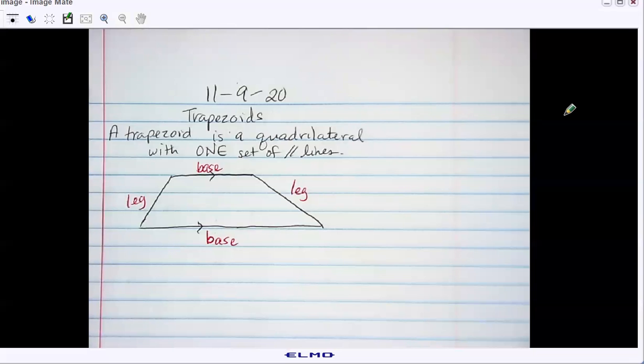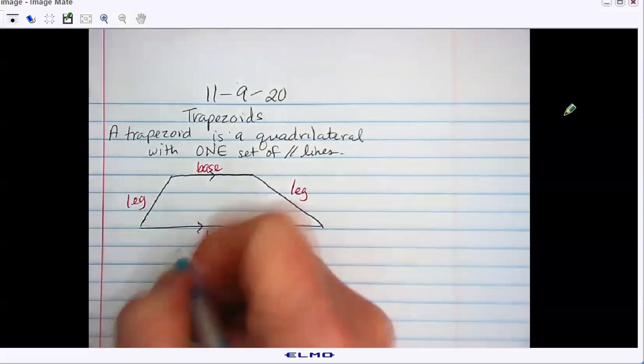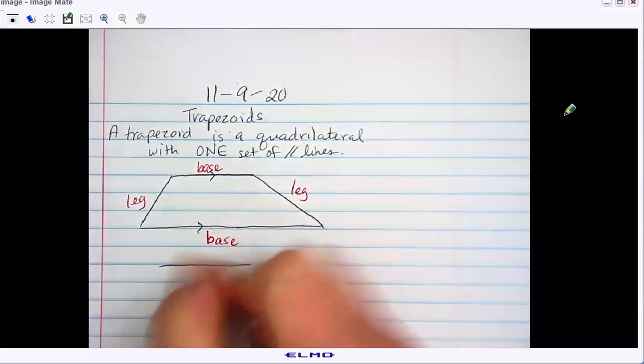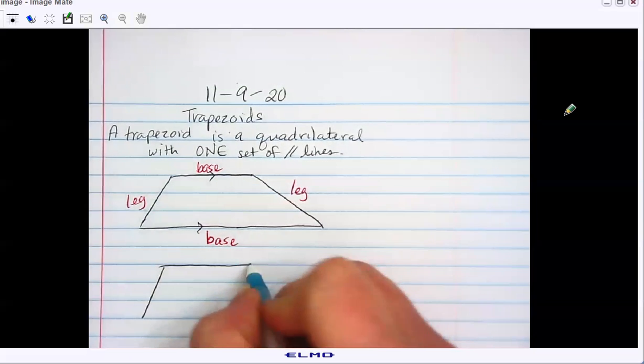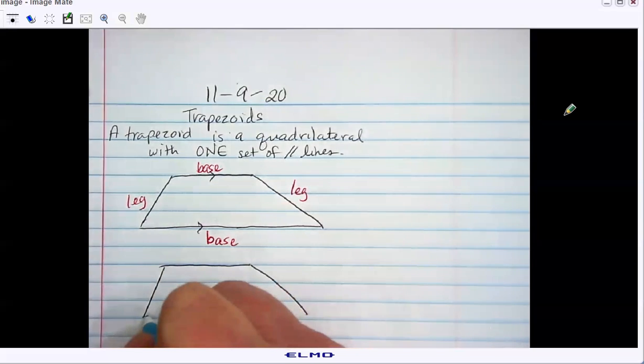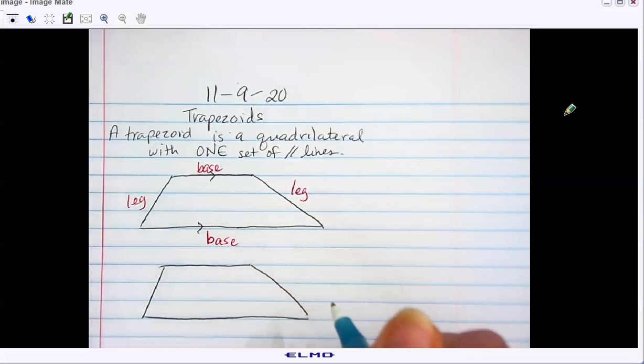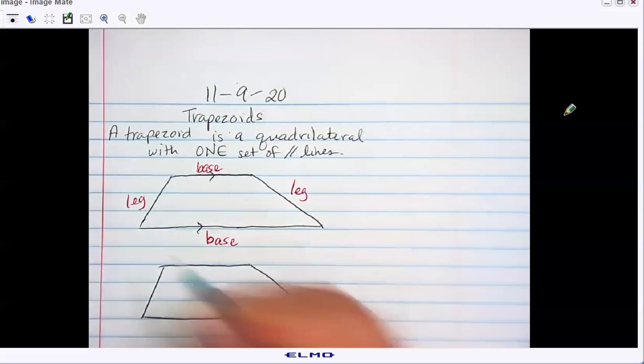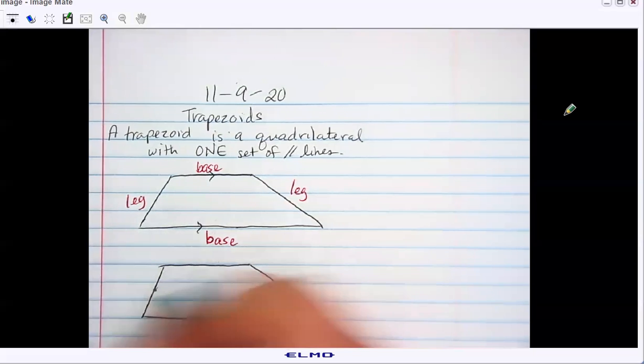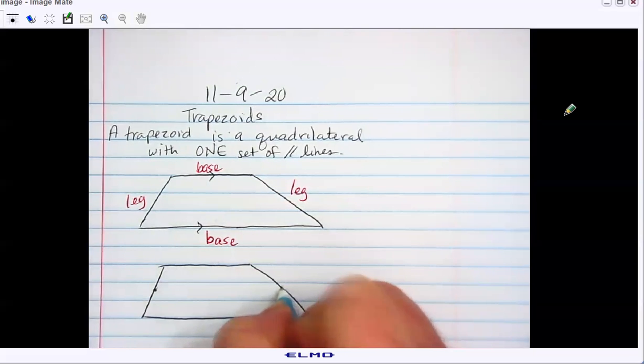Okay. So when we look at a trapezoid, we have our bases, and then there's a line that will connect the midpoint here and the midpoint on the other leg.